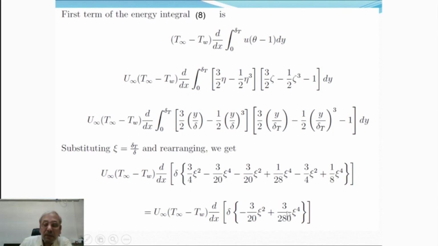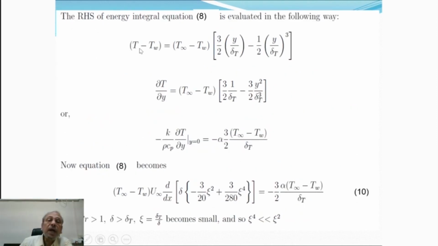After further simplification, we can write U infinity (T infinity minus TW) d/dx of, within square bracket, delta into curly bracket minus 3 by 20 zeta square plus 3 by 280 zeta 4. So this is the left hand side evaluation of the energy integral equation.